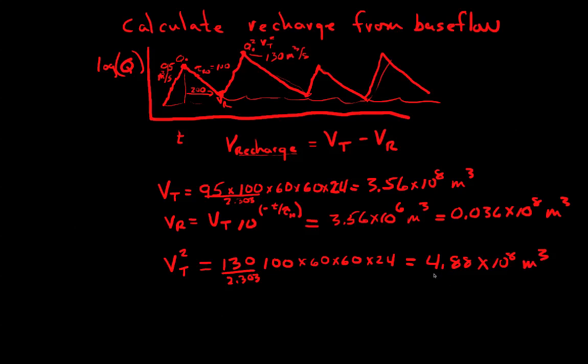So at the beginning of the second water year, we have 4.88 times 10 to the 8th cubic meters. We know that we have more water because we had more discharge, but not all of this water is from recharge because there was some water remaining from the prior year.